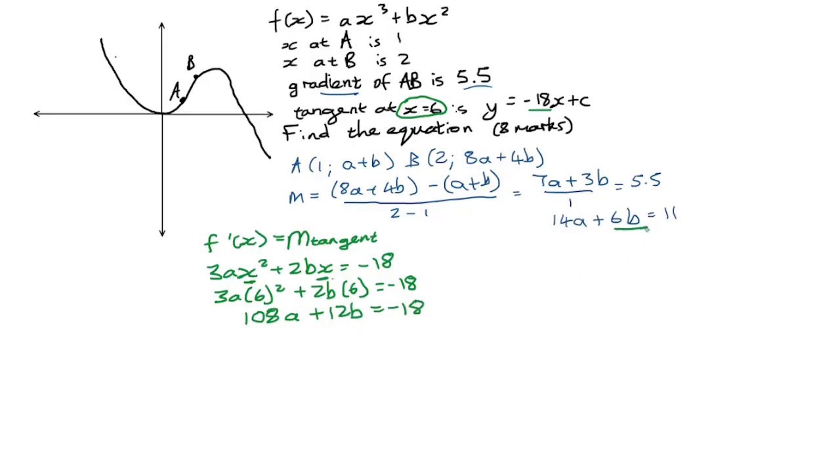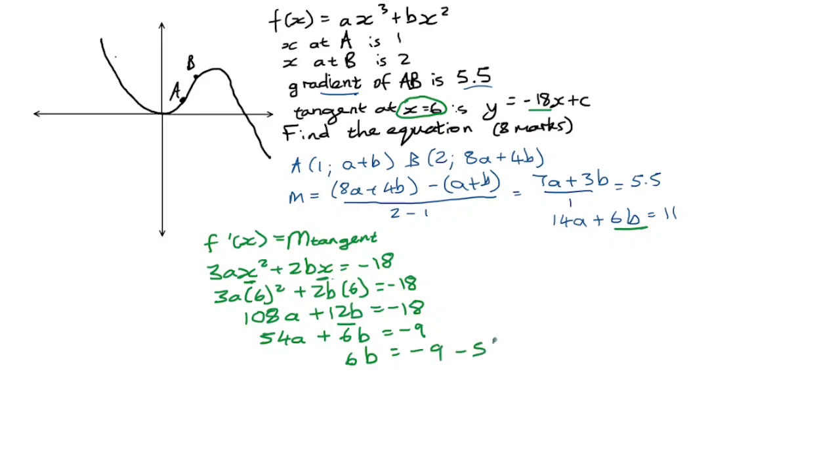I can see that there's almost a similarity with the b's, so you could do simultaneous, you could do elimination, whatever you want. What I'm going to choose to do is divide this equation by 2, and I'm going to get 6b by itself.